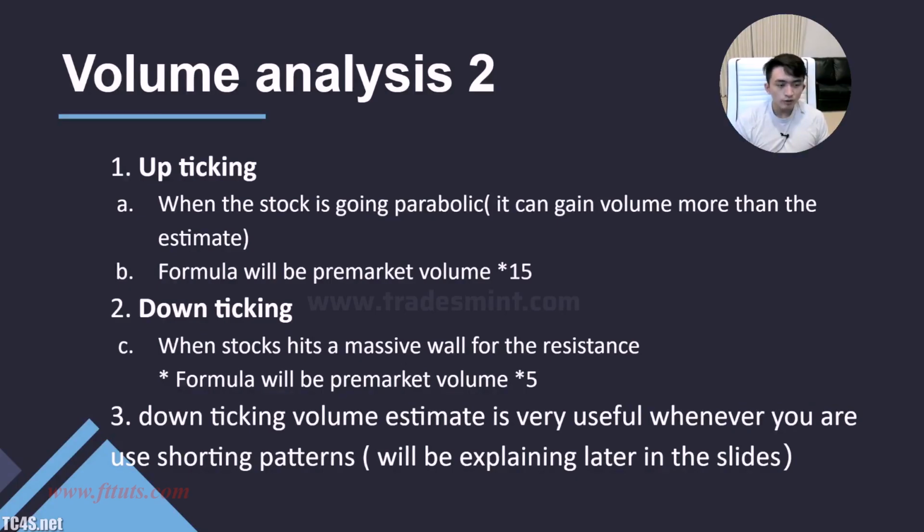So when the volume is losing its liquidity, it's great for shorting because not many buyers are bidding the stock up, and when the stock is downtrending after hitting a resistance, it's not going to attract more liquidity, and the less volume it trades, the better it will be for you, especially when you are shorting into a resistance. The last point will also be covered in the later slides.